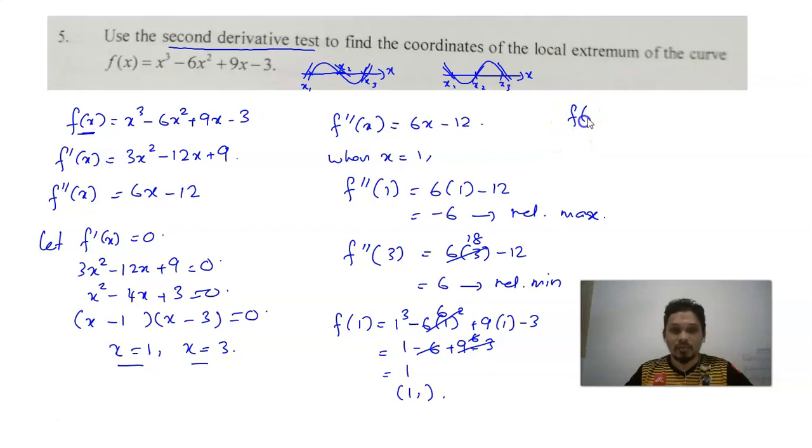And then f of x, where x equal to 3. 3 cubed minus 6 times 3 squared plus 9 times 3 minus 3.